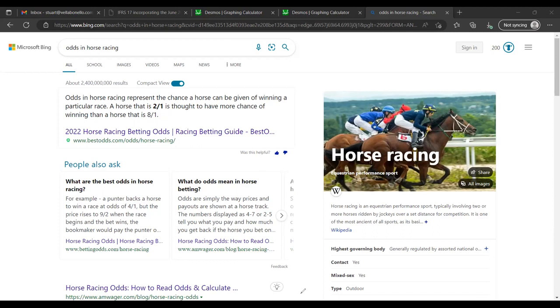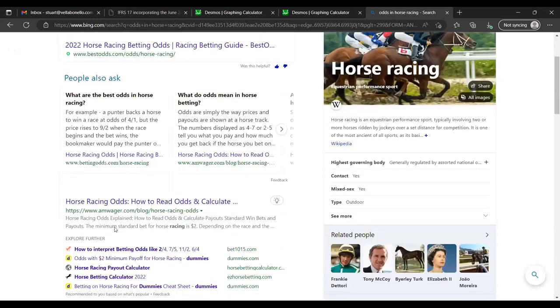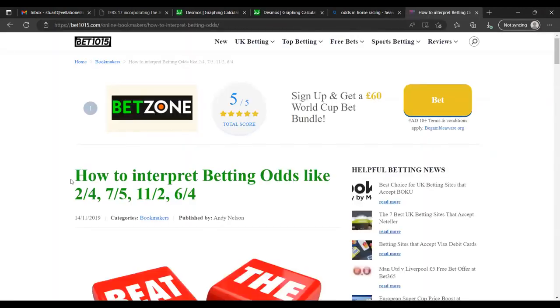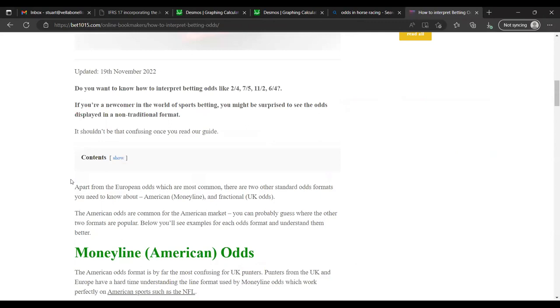I don't know if anyone has more experience. It seems to be explained in the middle of the screen. Okay, what the odds mean here is betting.